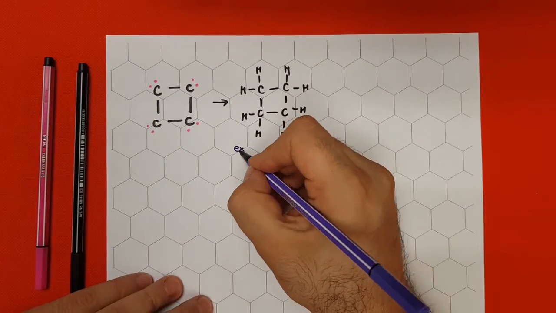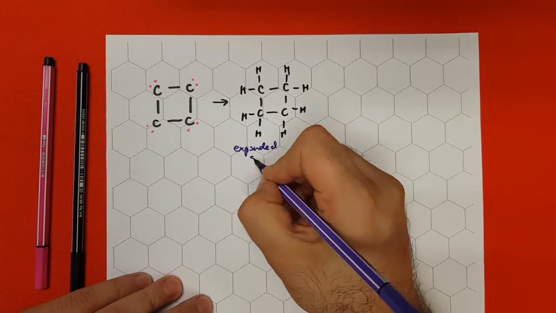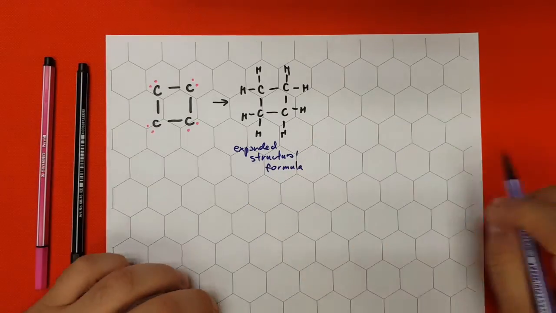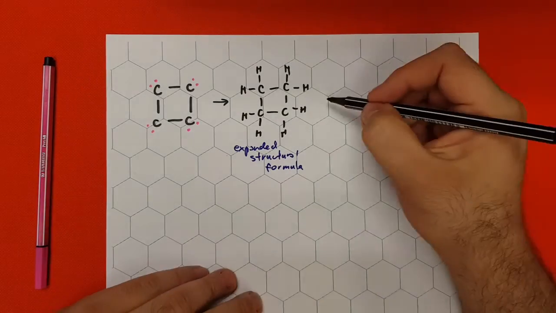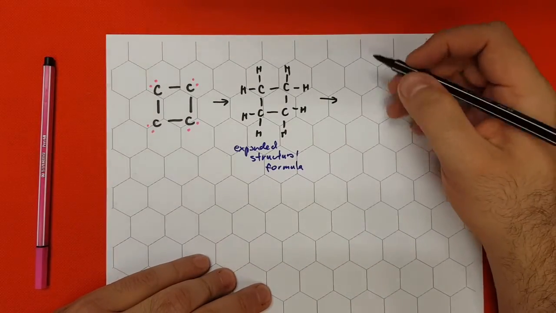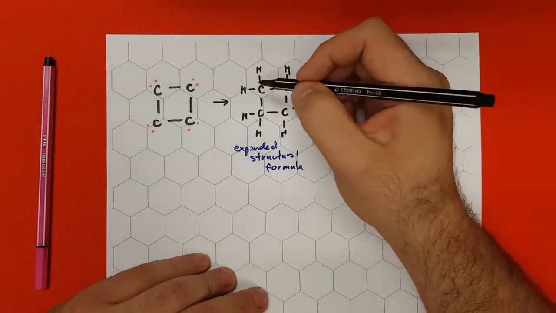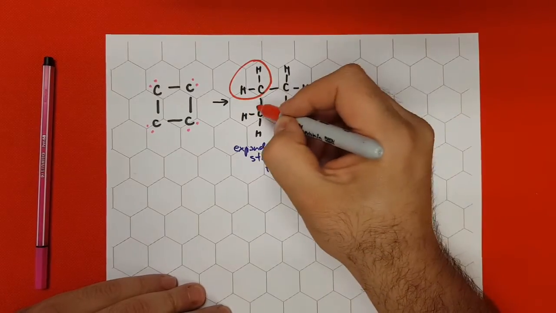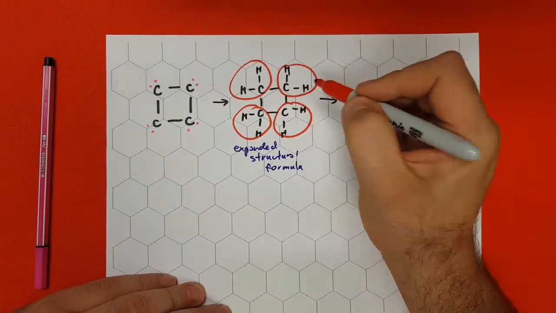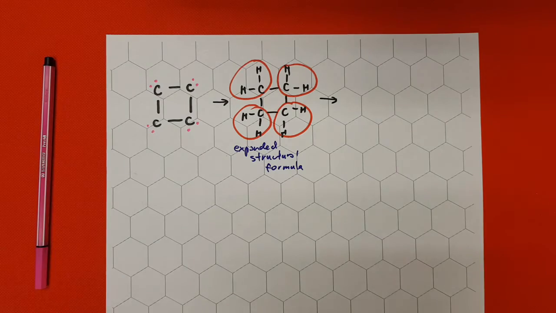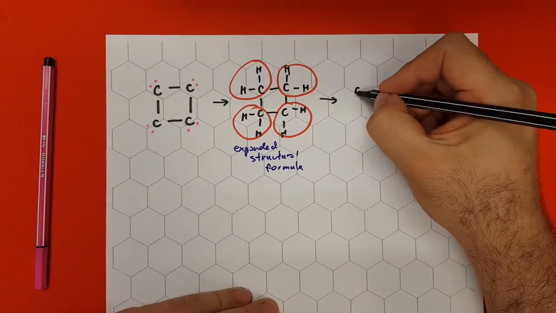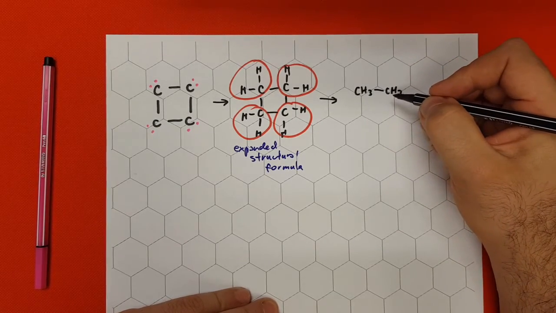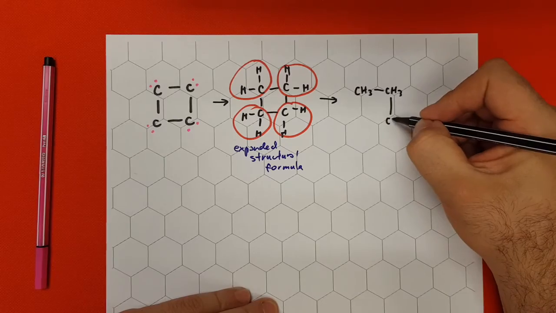Now, again, if I want to condense this into a condensed structural formula, which shows me the arrangement and the clusters of the atoms, I look at each group, and here I'm going to take a red marker, and I don't forget about the bonds going on between the carbons, and I say, top corner, I have CH3, which is bonding to the other top corner CH3, and which is bonding down to another CH2.